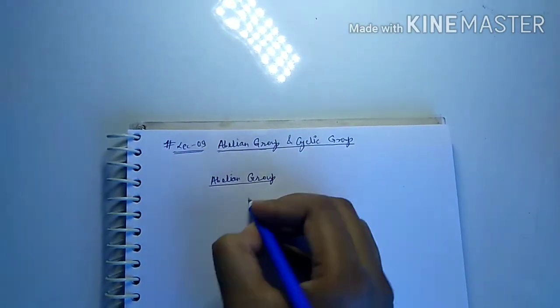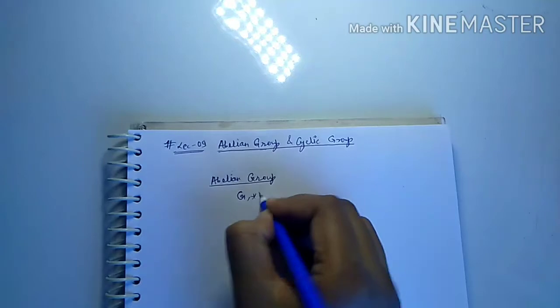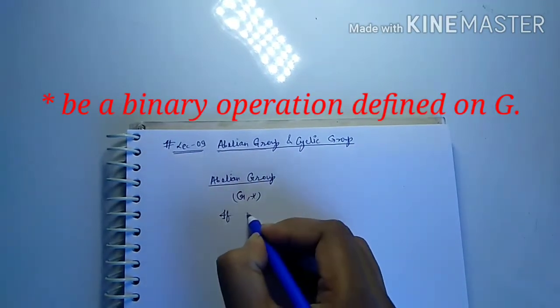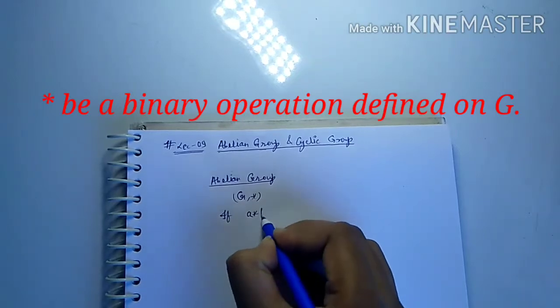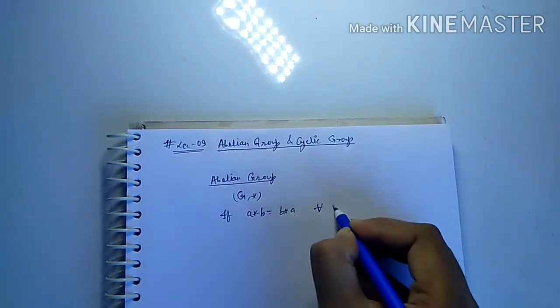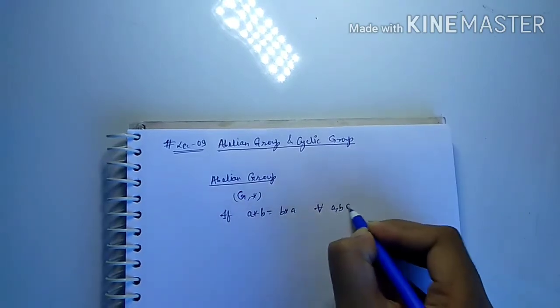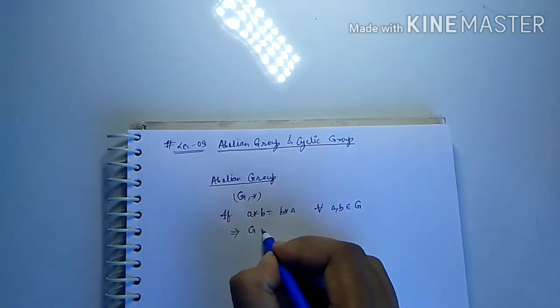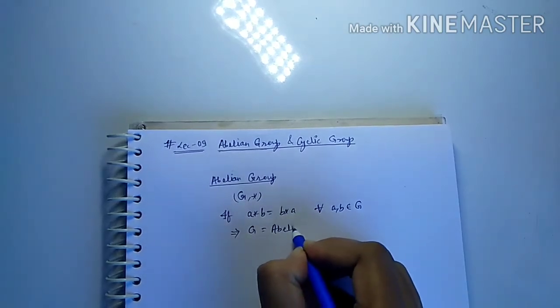Abelian group. As usual, let (G, star) be our group, and if A star B is equal to B star A for all elements A, B from G, then this group G will be called an abelian group.